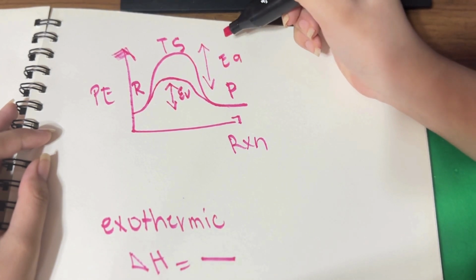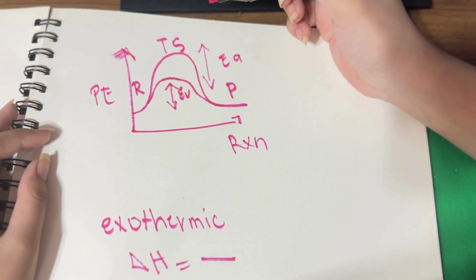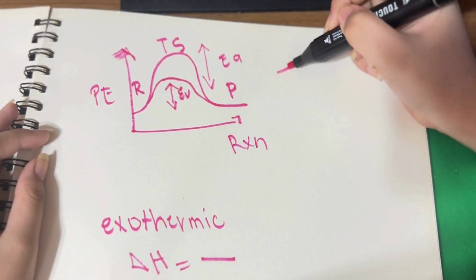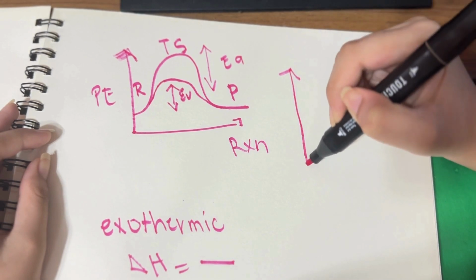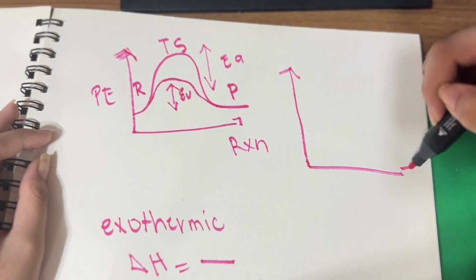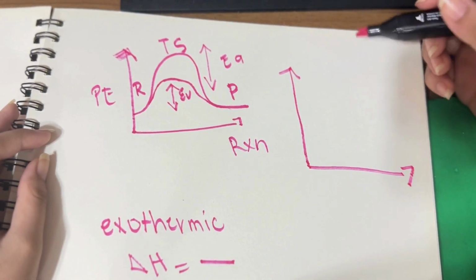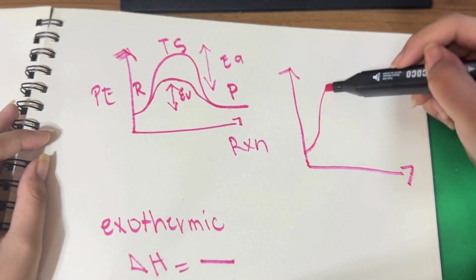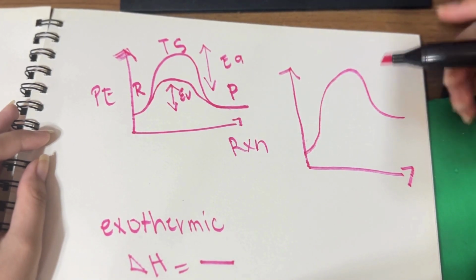The activation energy is only this high, but before it was significantly higher. So adding the catalyst lowers the activation energy, and when you have a lower activation energy, the reaction will proceed faster. That's how a catalyst speeds up a reaction, by lowering the activation energy.